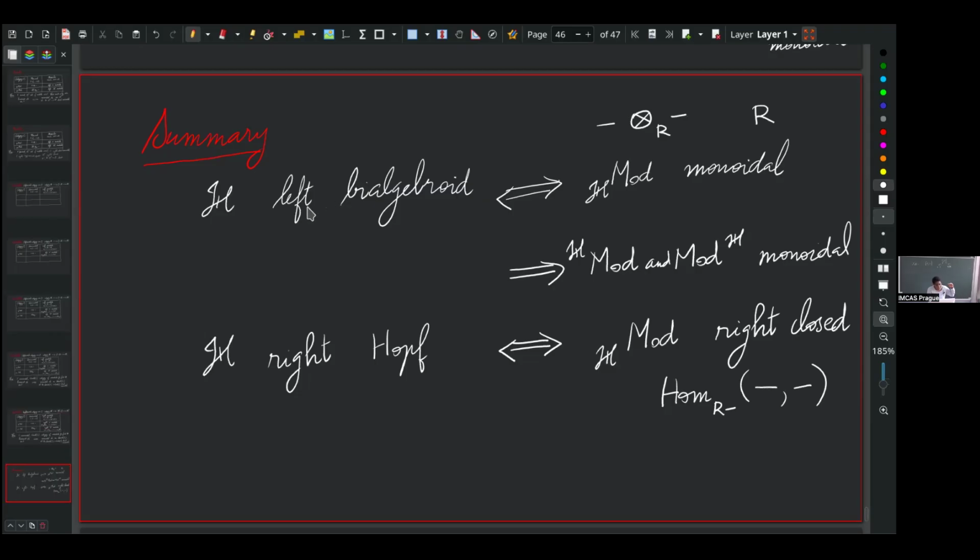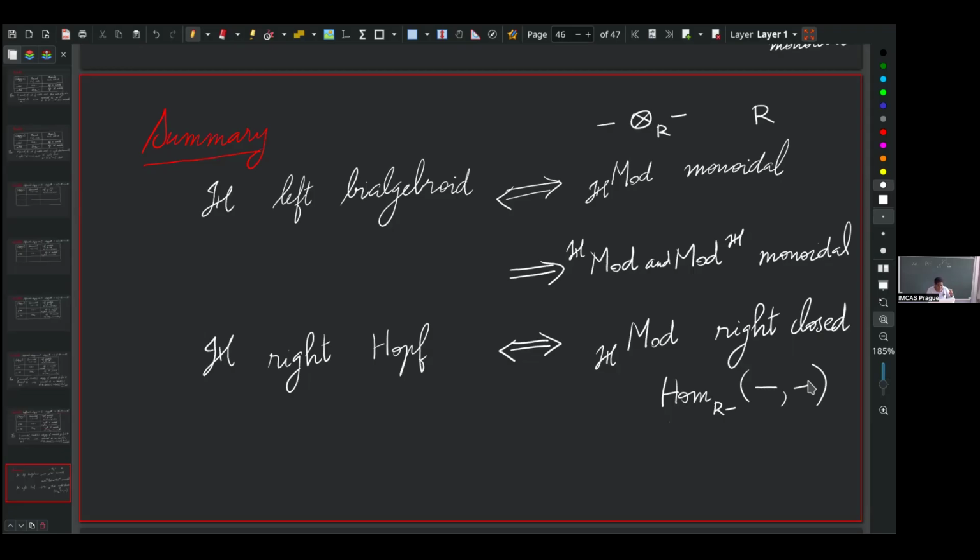Furthermore, we have a monoidal structure on its category of left and right comodules. And finally, being right Hopf is equivalent to the category of left H modules being right closed, where the inner Hom for that closed structure is just given by the R linear maps between the underlying bimodules.